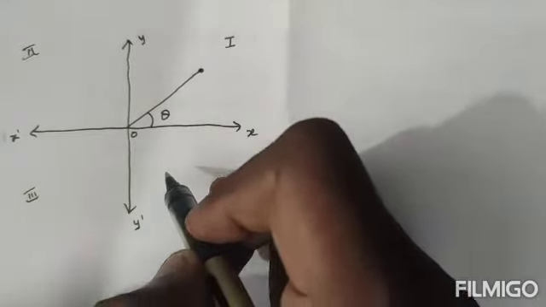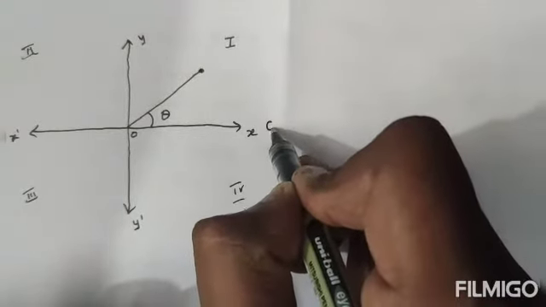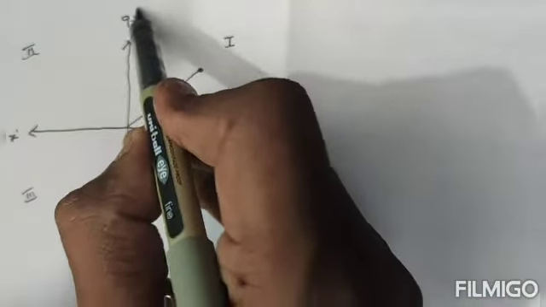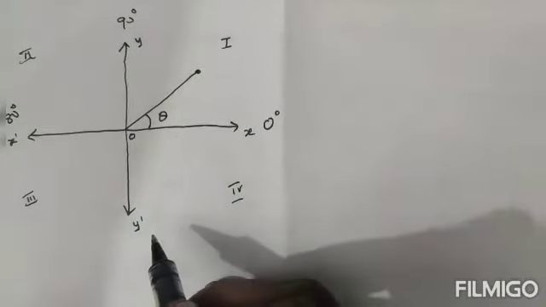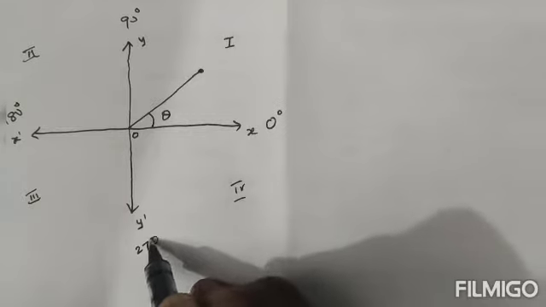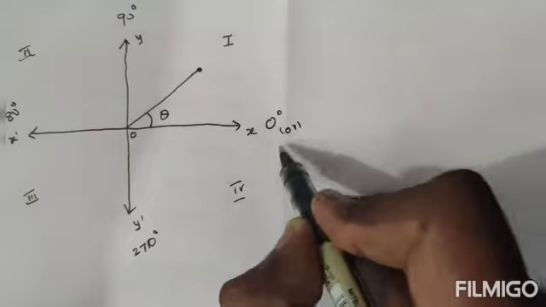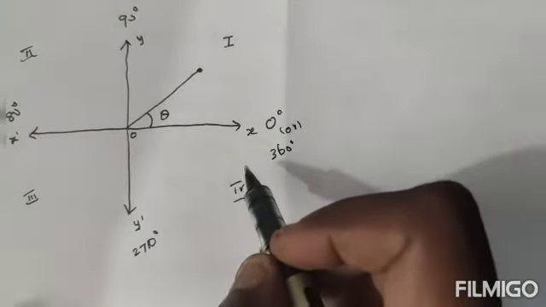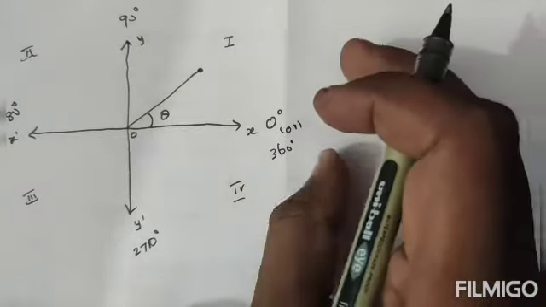Here, the x-axis starting value is 0, here it is 90, here 180, then here 270, then again 0 degree, or otherwise we call this 360 degree. This is in degrees. The same values we can say in radians.